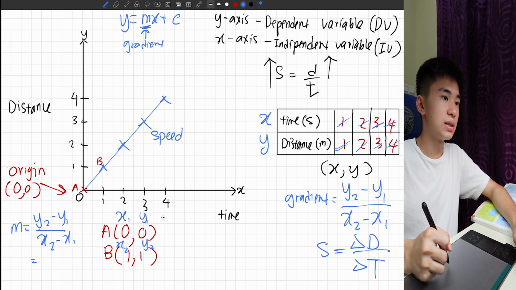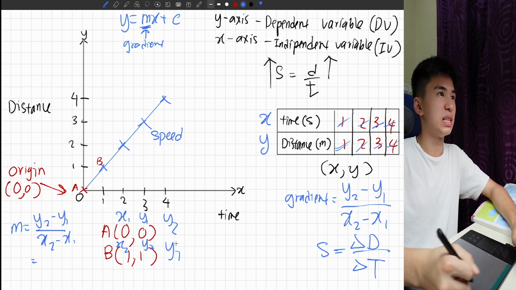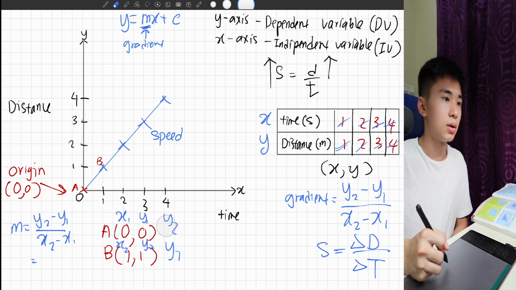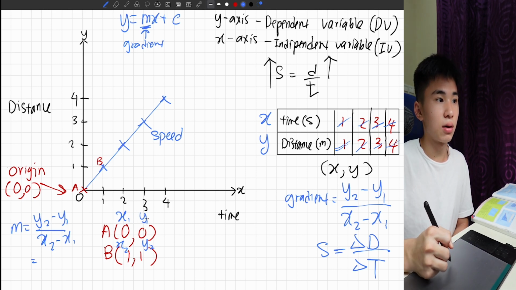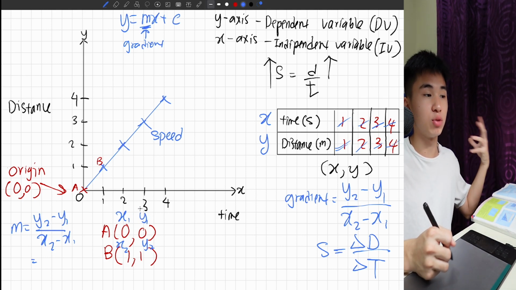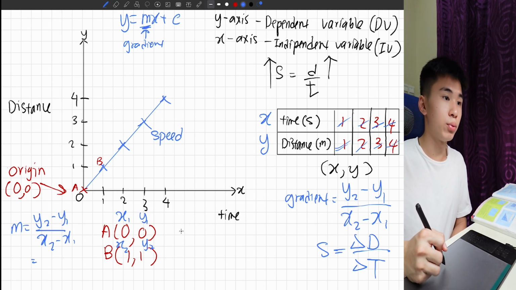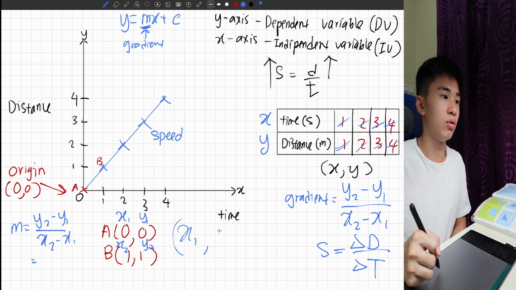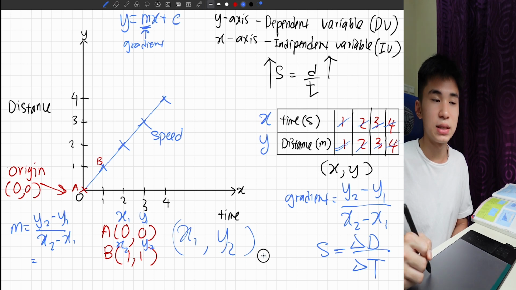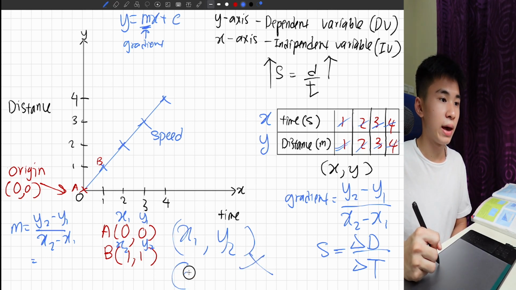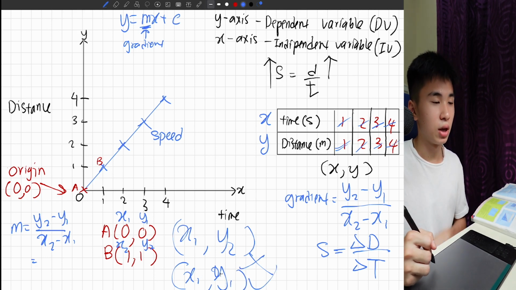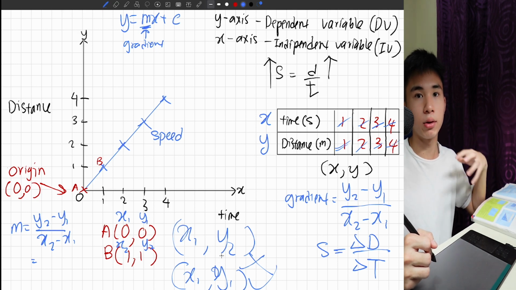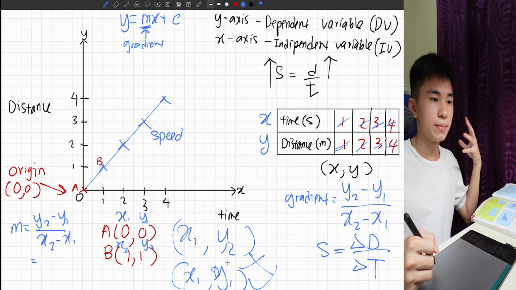It's basically the same thing. But if you start with x1 first, then the other one has to be y1. Do not put y1 with x2. It's fundamentally wrong. If you put x1 first, then just put y1. You can't mix x2 with y1 or y1 with x2. It is fundamentally wrong.